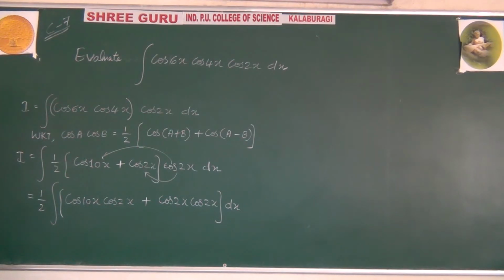Still we are unable to apply the integration formula because we still have a product of functions. We again use this formula cos A cos B, the same formula a second time.